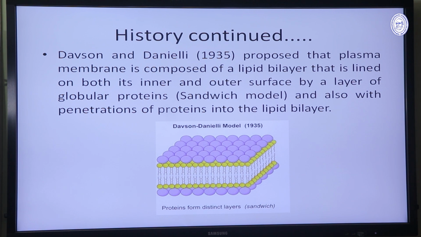So, they proposed the sandwich model, where the inner core of a membrane is made up of lipid bilayer and the outer and the inner layer is made up of a layer of proteins. So, it is just like a sandwich where protein, then lipid bilayer and then protein forms the total membrane structure.